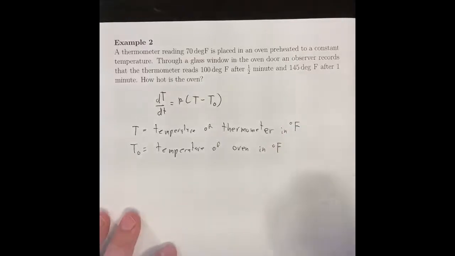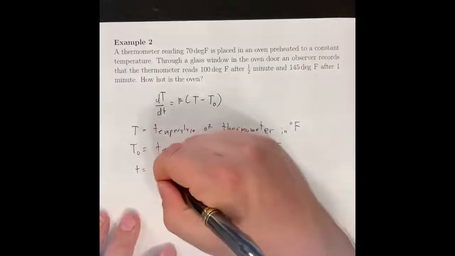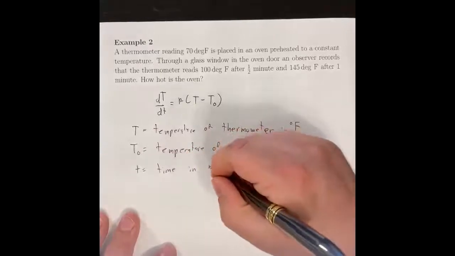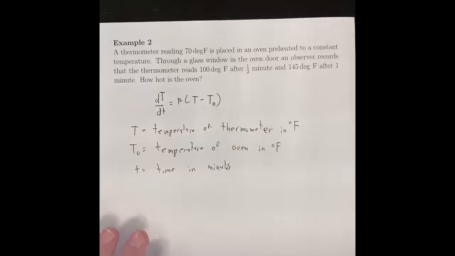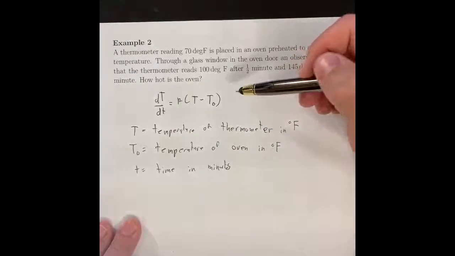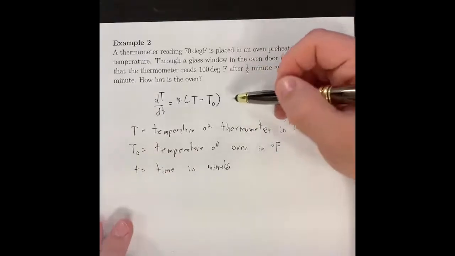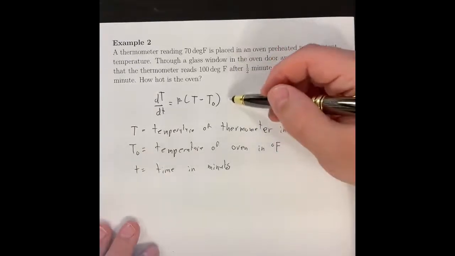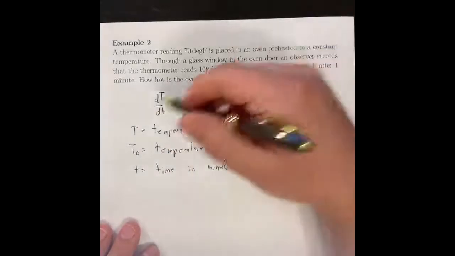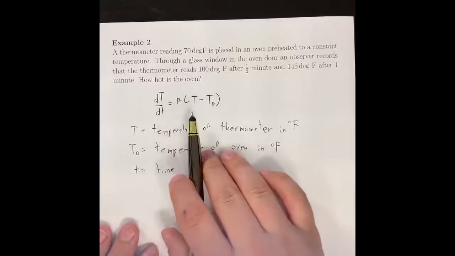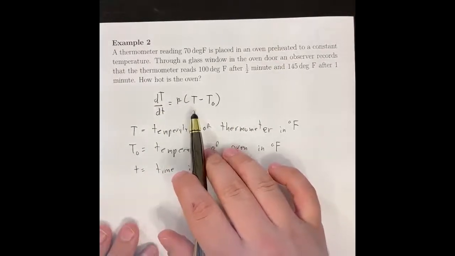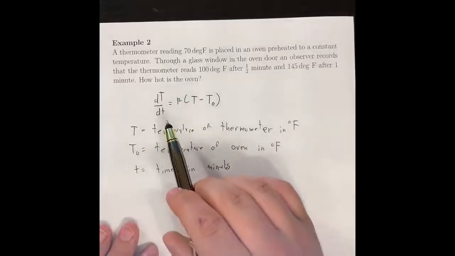And t will be our time in minutes. And we know that this situation is described by this differential equation. That's just something you would have read in your book, or could have looked up, this physical law. But we can see that it is in that same situation. It's linear, T is linear, and it's first order because we only have a first order derivative here.